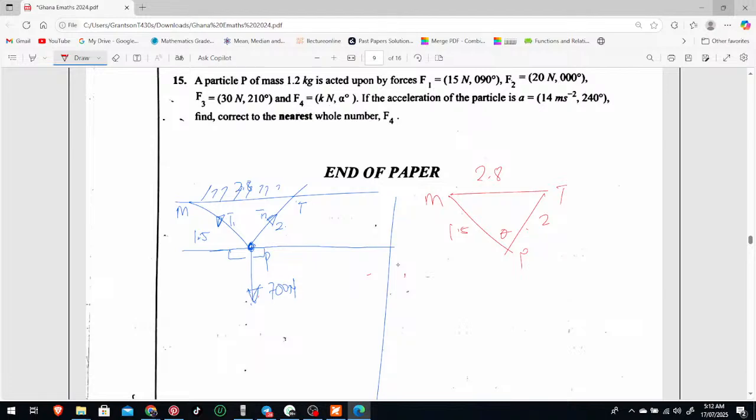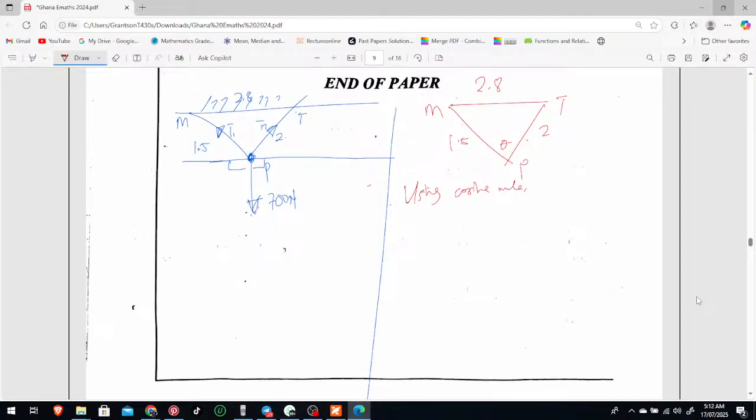So using cosine rule, I've spoiled the board, the demarcations of the distance.